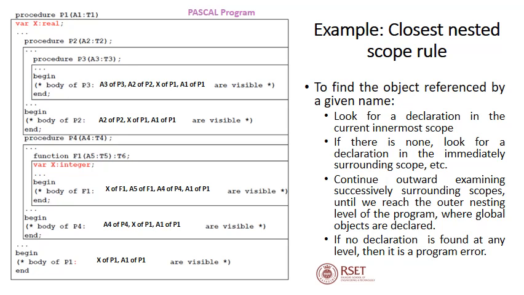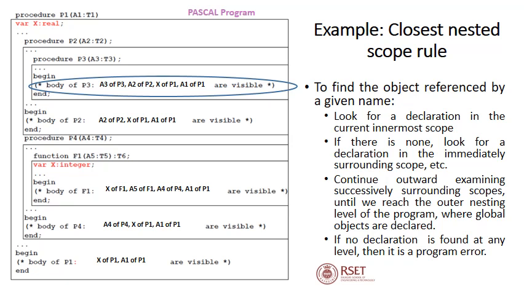In this example Pascal program, we have the outermost function called procedure P1. P1 has an argument A1 of type T1. Within P1 we have a variable X of type real, and then the first nested subroutine P2, which has an argument A2 of type T2. Then we have the innermost nested subroutine P3, which has an argument A3 of type T3.